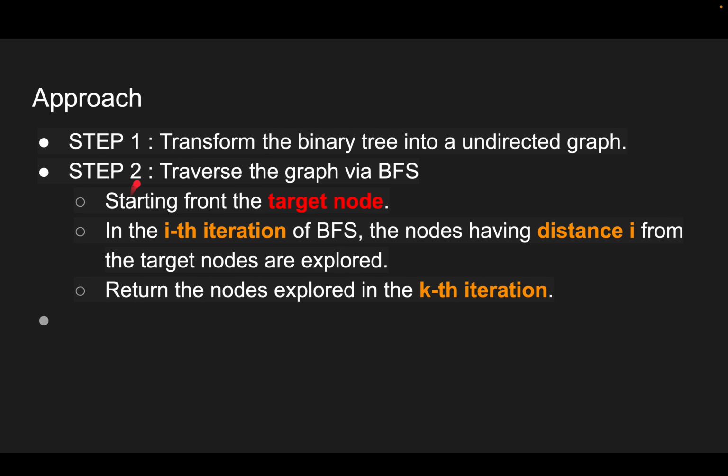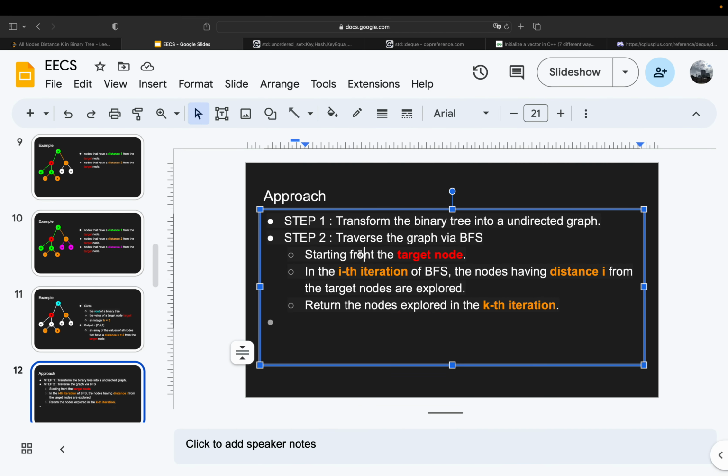Step 2, after the construction of the undirected graph, we will traverse the graph via breadth first search, starting from the target node.